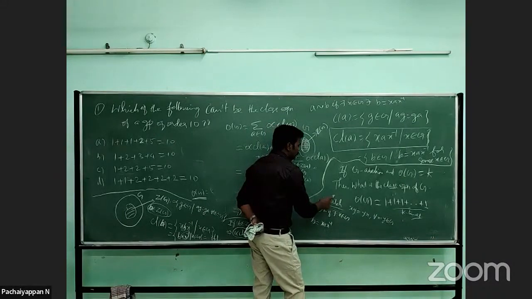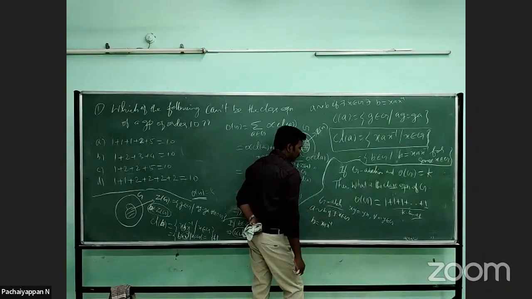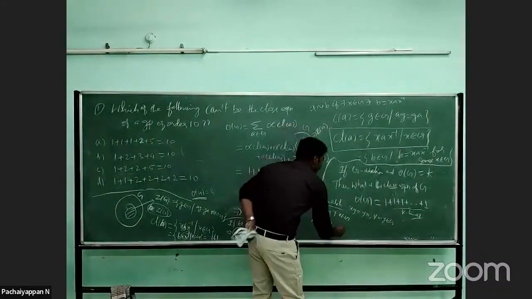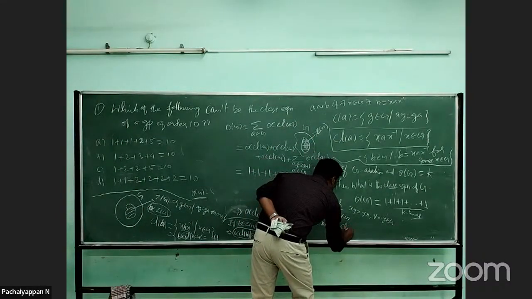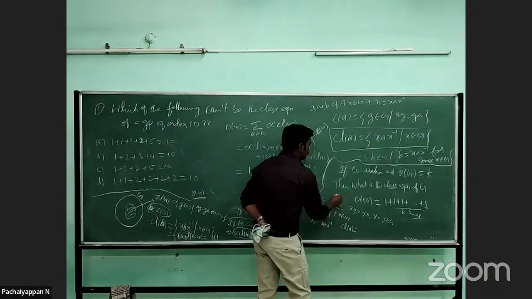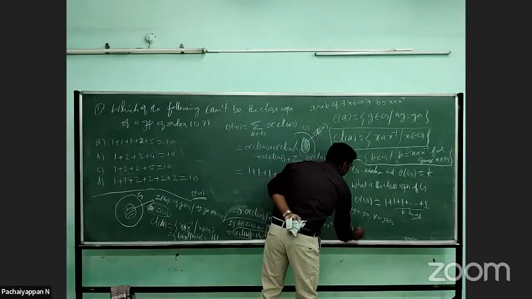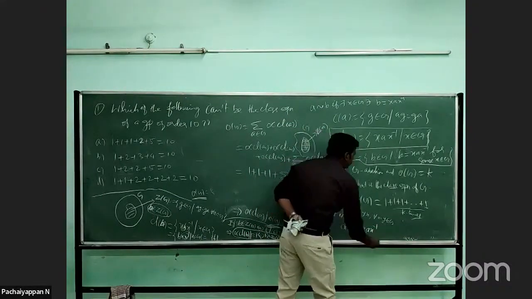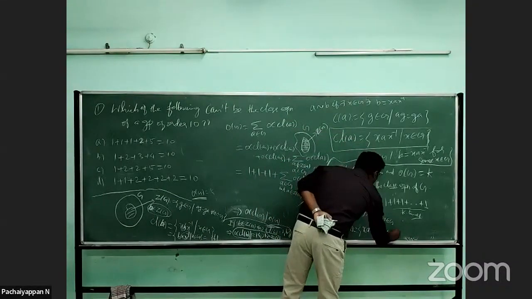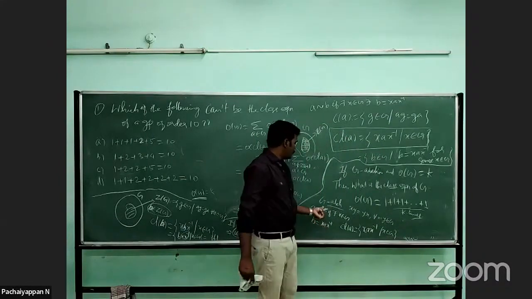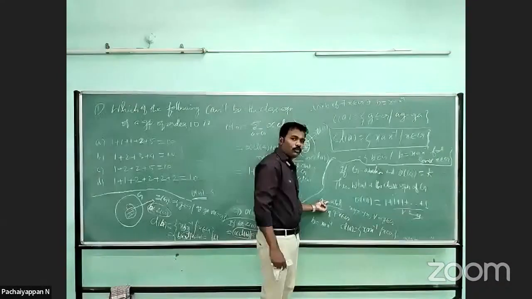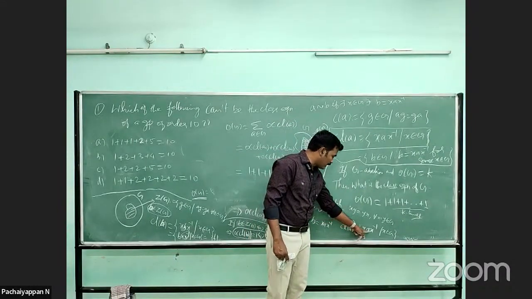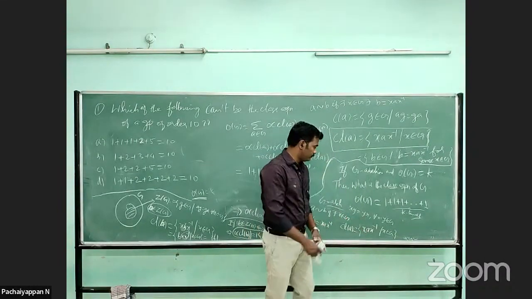Given that the group is abelian, what happens? What is the CL of A, the conjugacy class of A, in the abelian group? The notation CL of A means x A x inverse such that x is in G. A is an element in the abelian group, therefore A commutes with every element, in particular with x also.